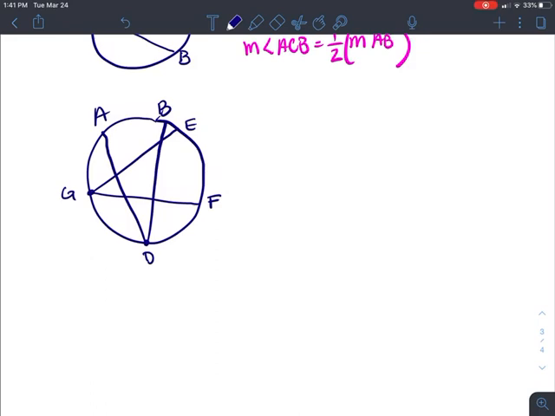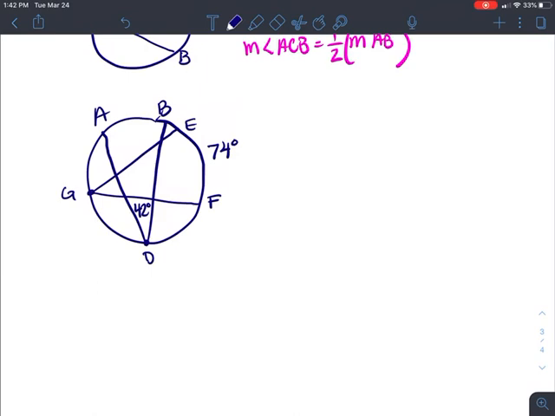All right. So I'm given that the angle ADB is 42 degrees. Okay. That's what they've given me. And they've also told me that the arc EF is going to be 74 degrees. Okay. So we're going to use the inscribed angle theorem.